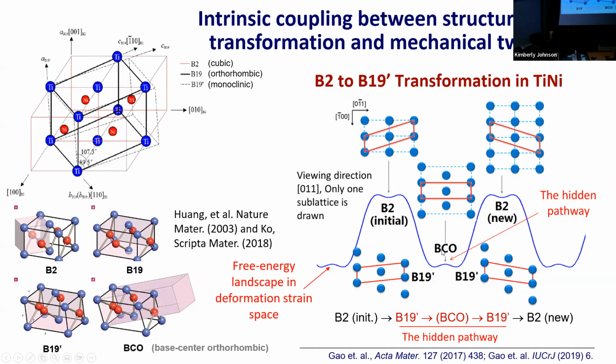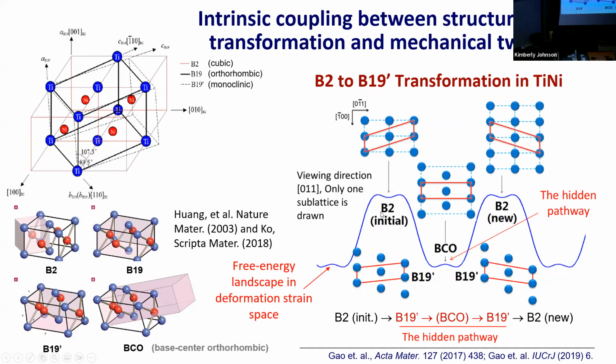By doing so, you allow this to continue to deform, and if you further deform, you jump onto another B19 prime. But this B19 prime is not the daughter of the initial B2. This one belongs to a new family. It belongs to a new B2.